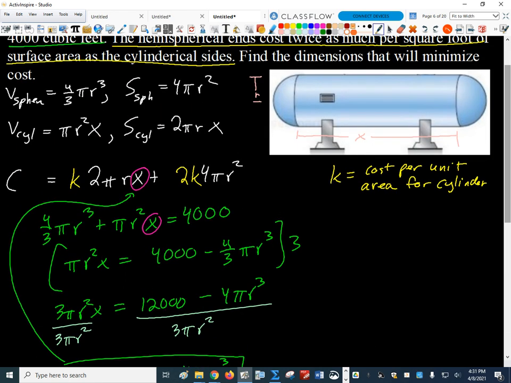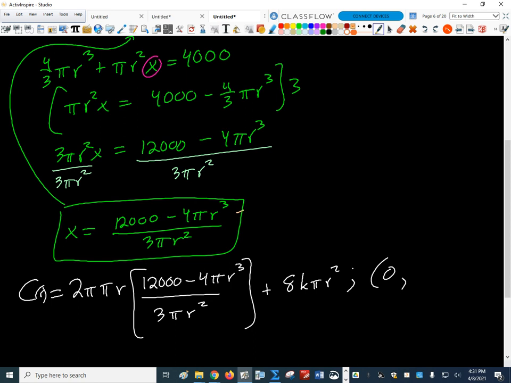What's the upper limit going to be? The upper limit is going to be, as r gets bigger and bigger, x gets smaller and smaller. And we can see down here that x would go to 0 when the numerator of this fraction was 0. So we would set the numerator equal to 0 to find the biggest that r could be, which would be when x went to 0.